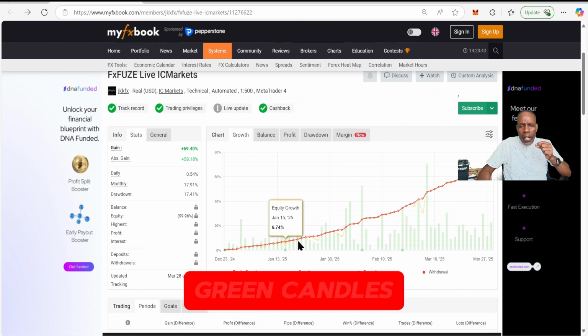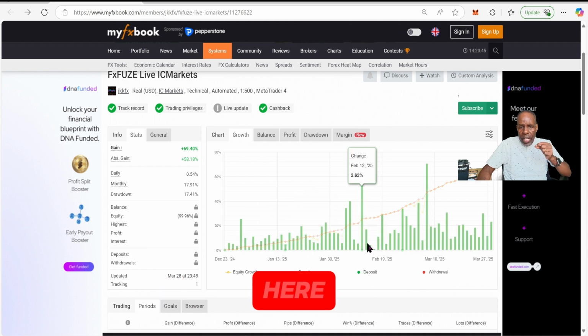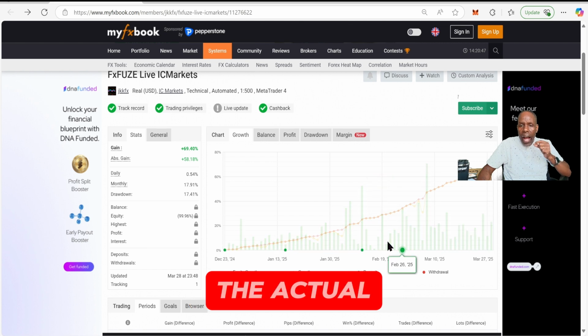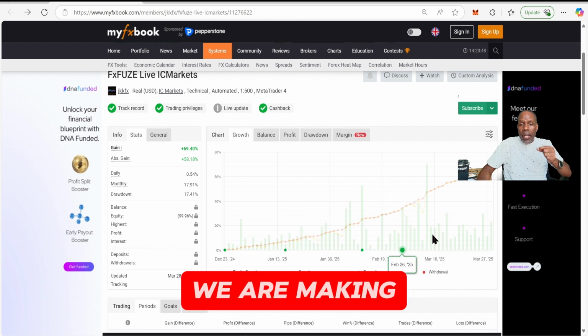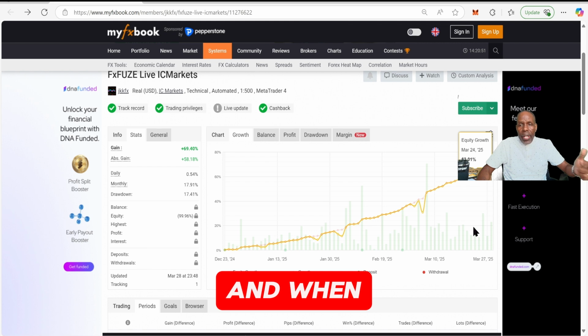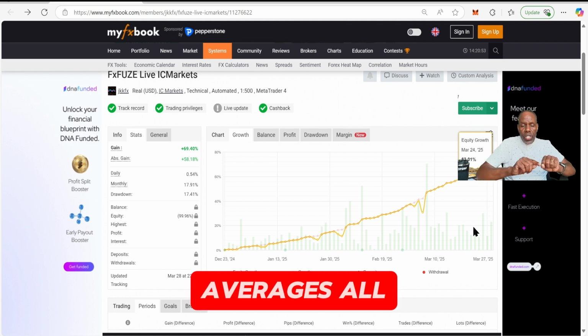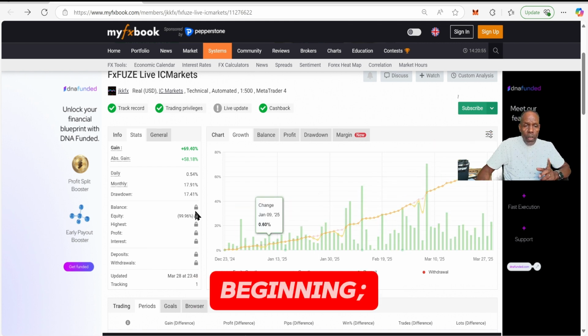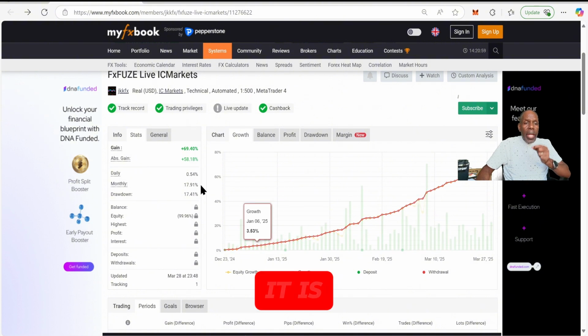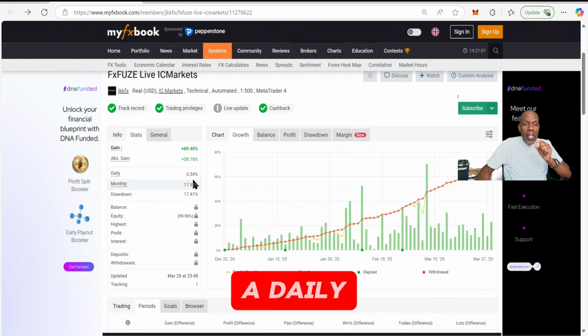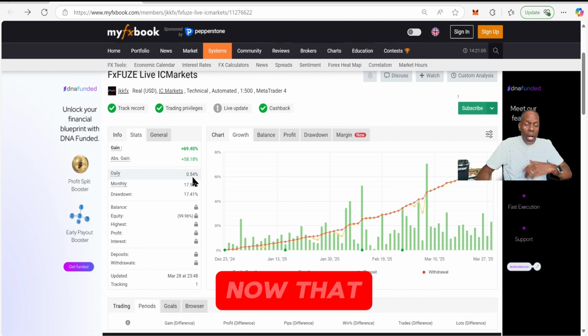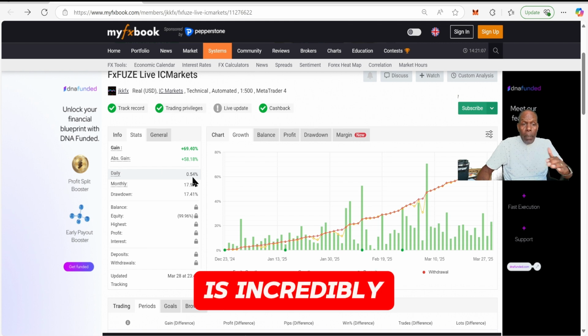These green candles that you see down here are the actual percentages made per day. When the system averages all of them from the beginning of December up to now, it is averaging on a daily basis 0.54%. Now, that is incredibly good.